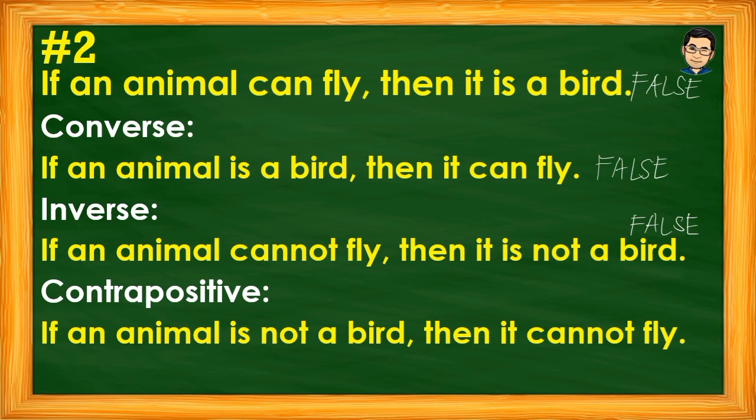So, since yung ating if-then statement is false, automatically po, yung ating contrapositive statement is also false. So, kung yung isang hayop ay hindi isang ibon, hindi siya nakakalipad. So, this is also a false statement.